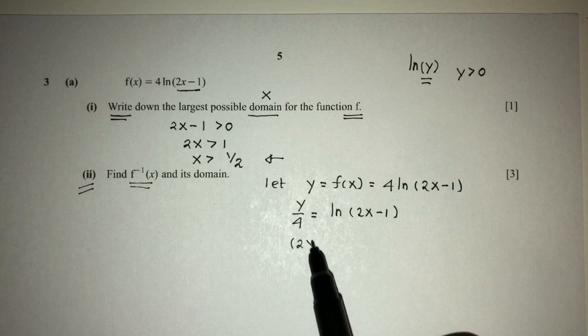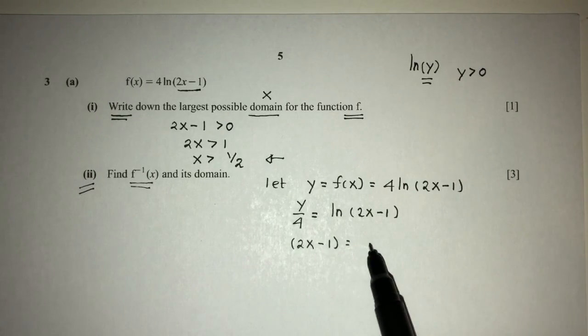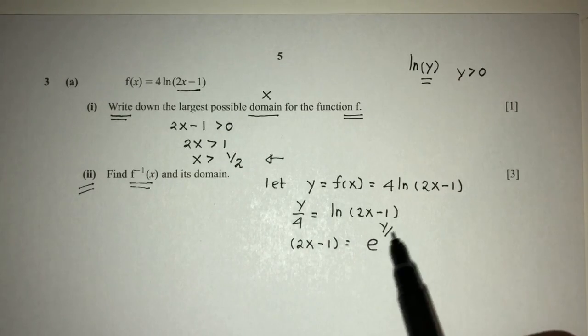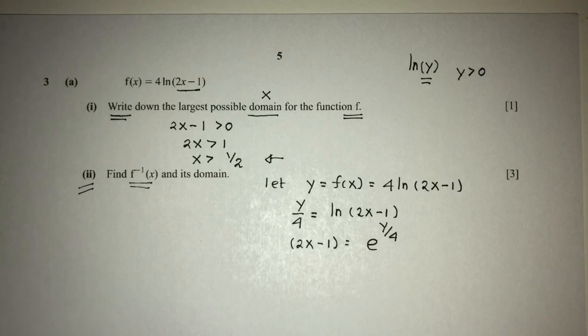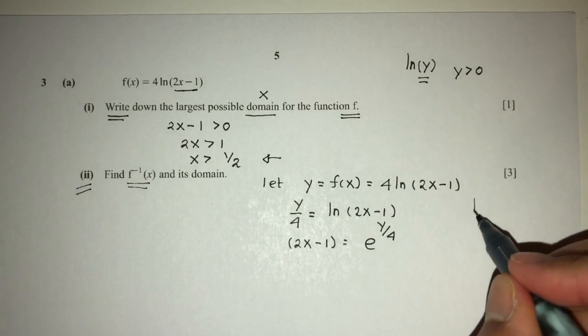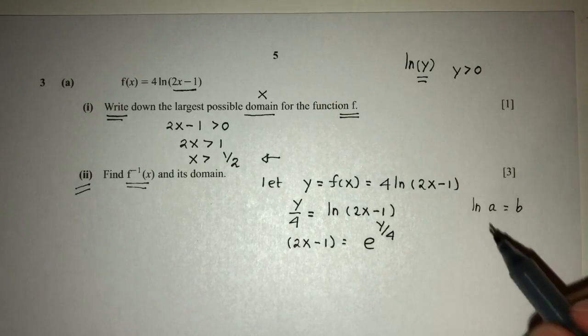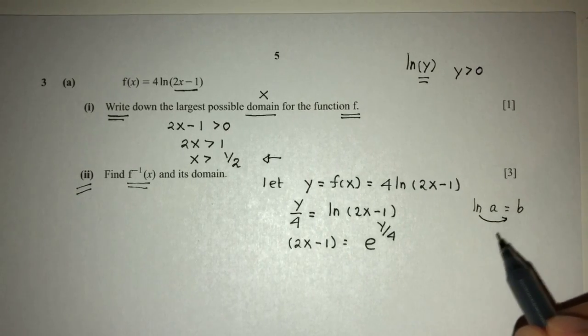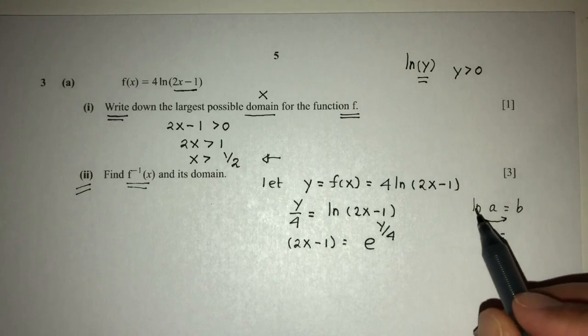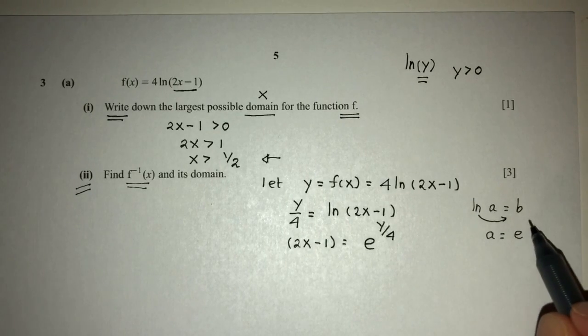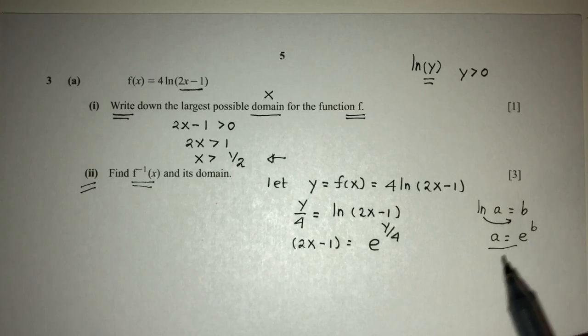Then 2x minus 1 is equal to exponential of y over 4. The point you have to know here is, if you have ln of a equal to b, to find a, when you send ln to the other side, it becomes exponential b.